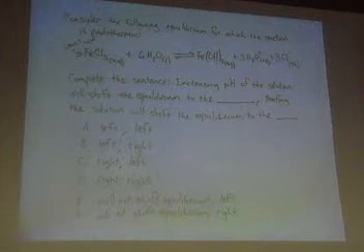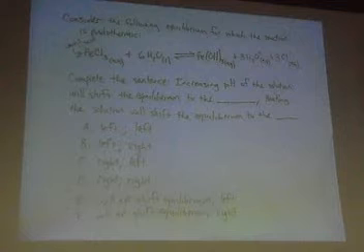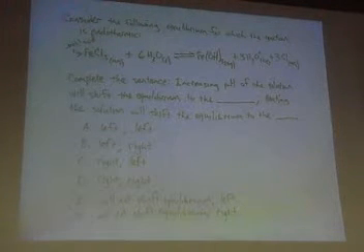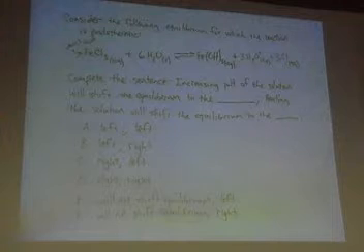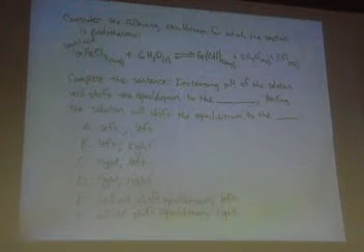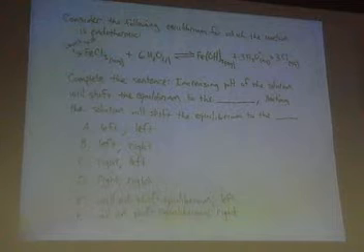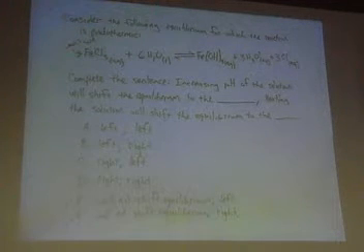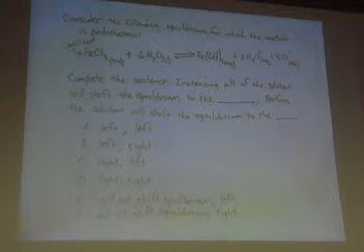Okay, so complete the following sentence. Increasing the pH of the solution will shift the equilibrium, and heating the solution will shift the equilibrium. On the right, on the product side, we have H3O plus, which is your acid.